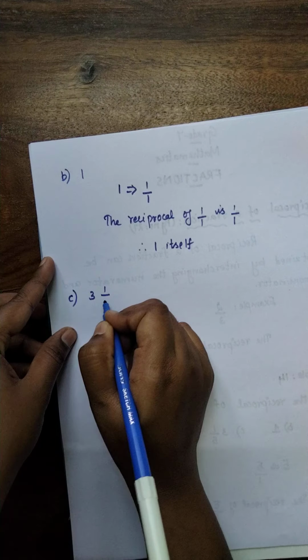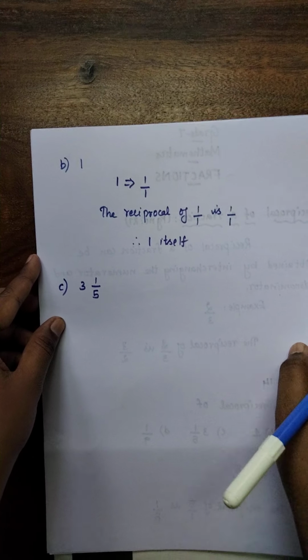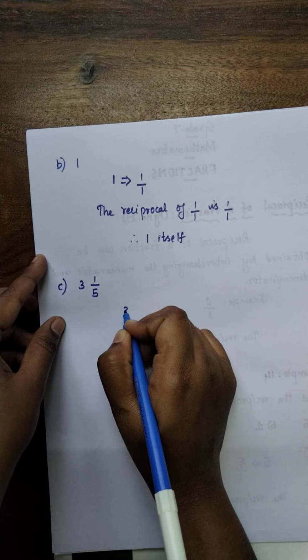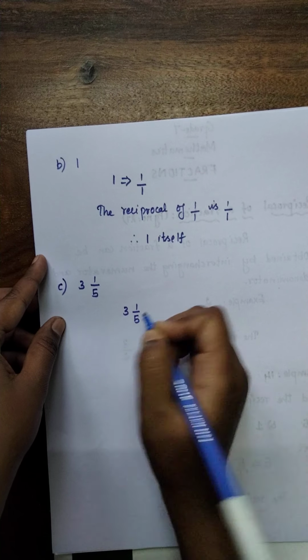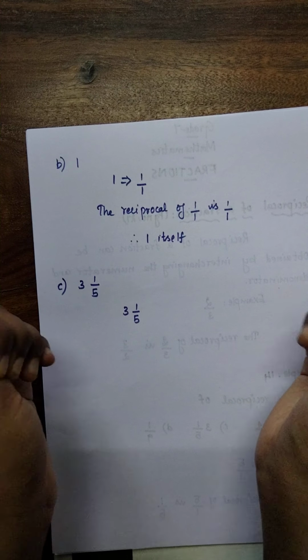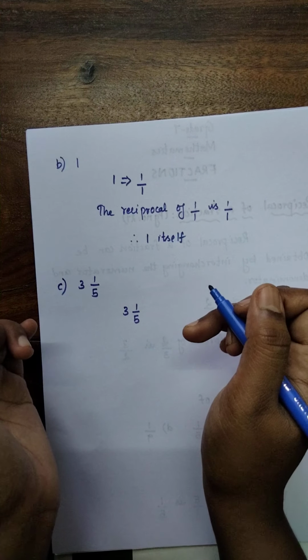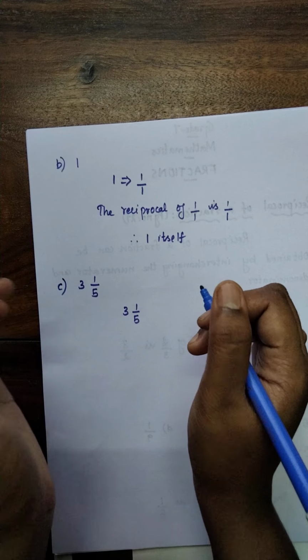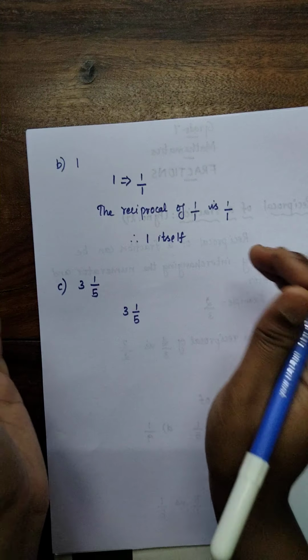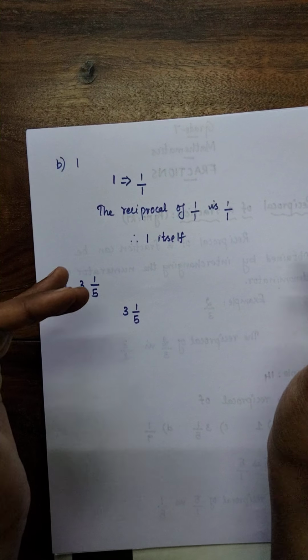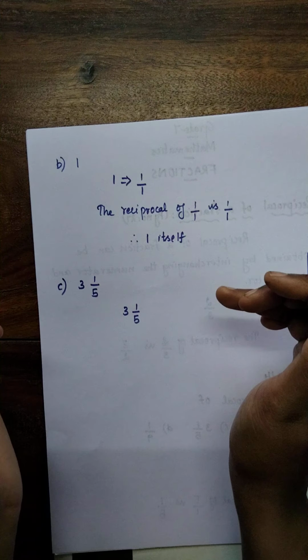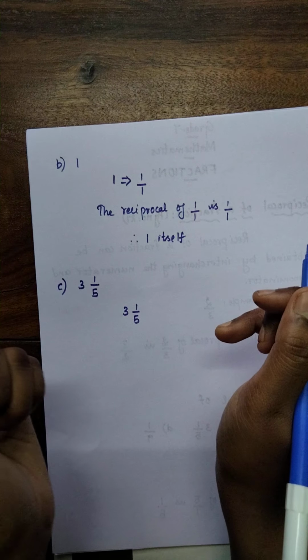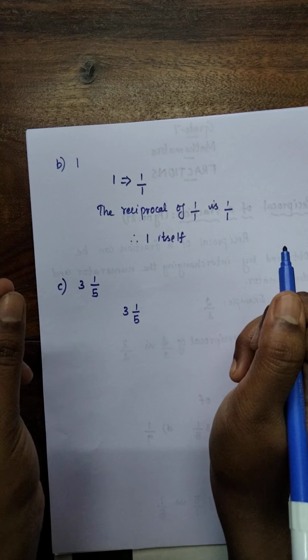Third question is 3 1 by 5. This is in the form of a mixed fraction. If a question is in the form of a mixed fraction, we need to convert it into an improper fraction. How will you convert?